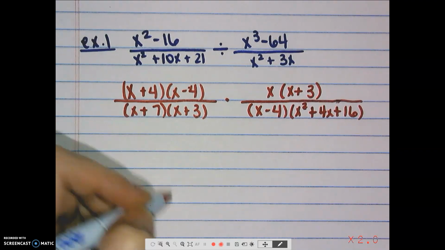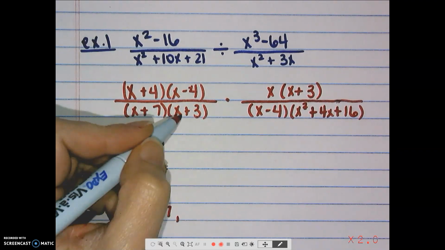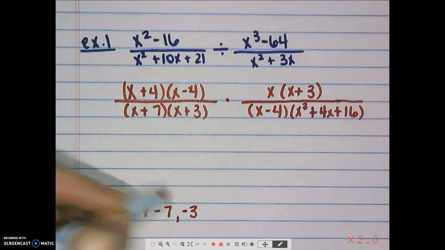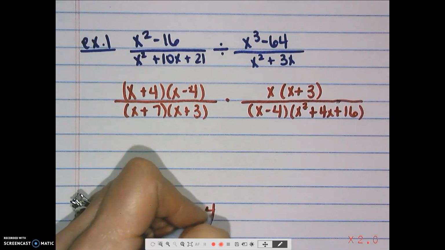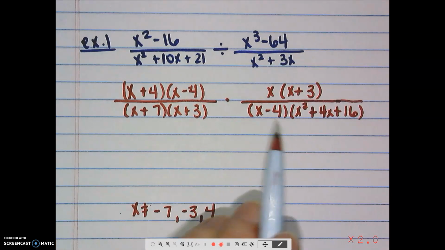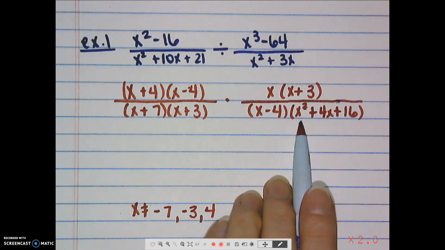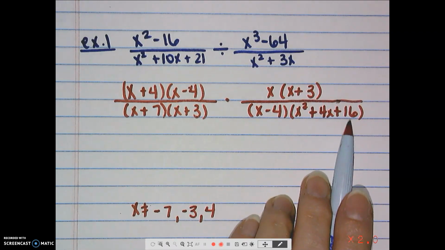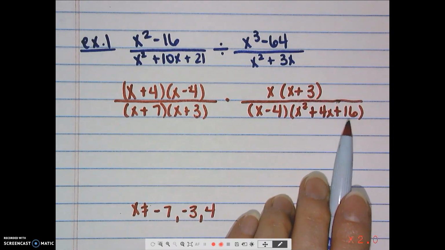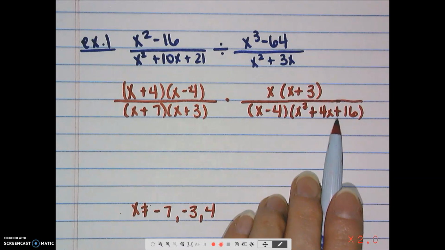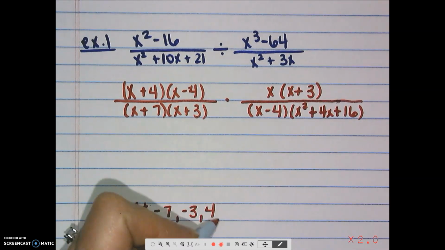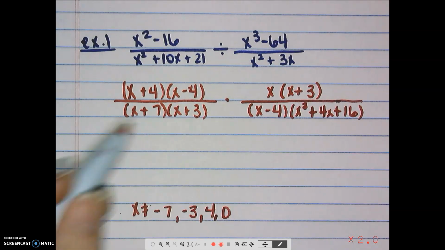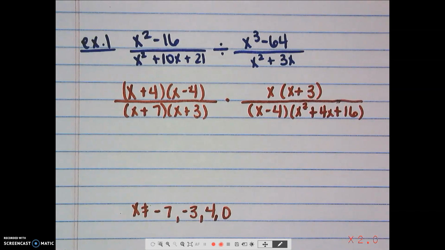So here we would get negative 7 if we solved that, negative 3, a positive 4. Here, this x squared plus 4x plus 16, it's very tempting that it's going to look like it's factoring. Remember, that's never going to factor, so that would just produce imaginary answers, so that's not going to help us at all. Here we have the monomial x, so it's going to give us 0, and we already have negative 3 written down. Okay, so there are all of the restrictions for this question.